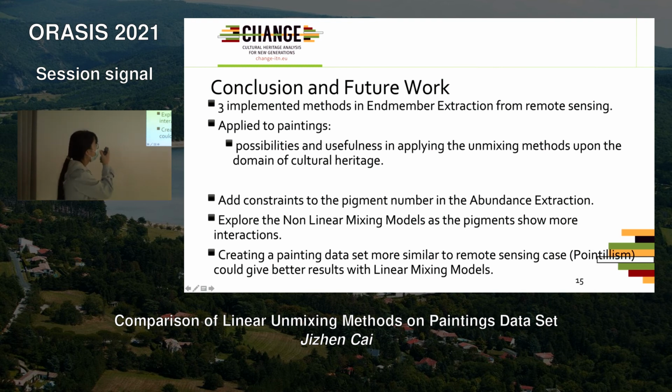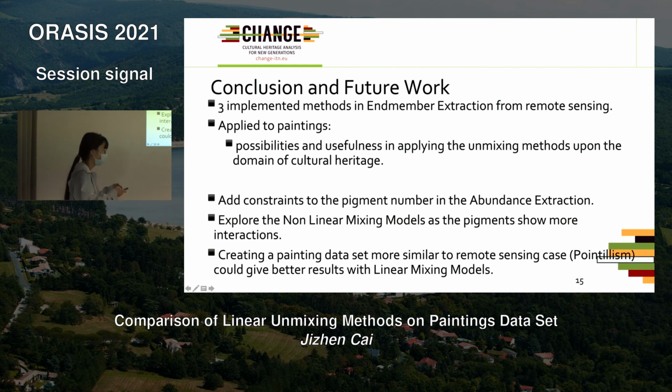But this is what we will improve in future work, because the next step will be the nonlinear model, and we'll think about combining the Kubelka-Munk model and maybe the deep learning part. For future work, we'll also create a painting data set with a larger volume, because in this data set the proportion is somehow fixed.